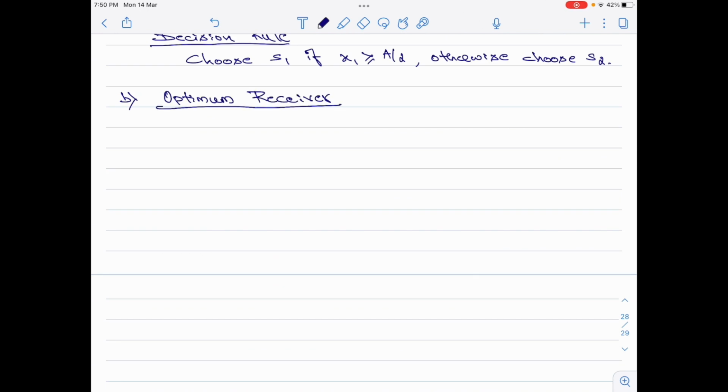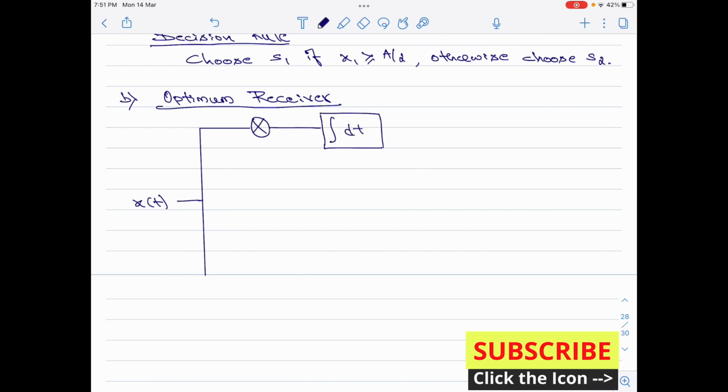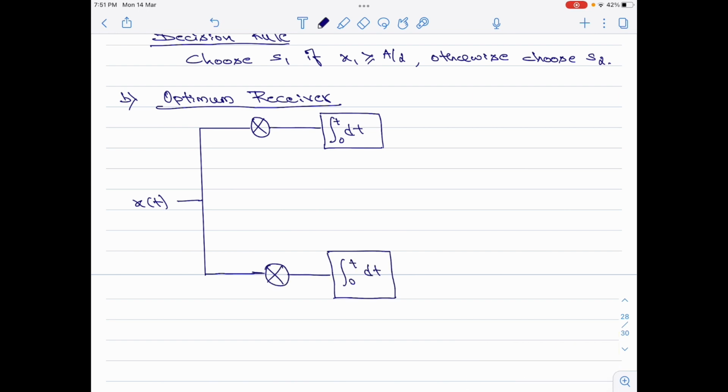Okay. So, the input to the receiver is x of t, and x of t is then fed to the two branches of the correlation receiver, and each branch, you must note, has a multiplier and an integrator. Right. It is also essential to note that the upper multiplier should be provided with the first basis function, which is phi 1 of t, and the lower multiplier should be provided with phi 2 of t.